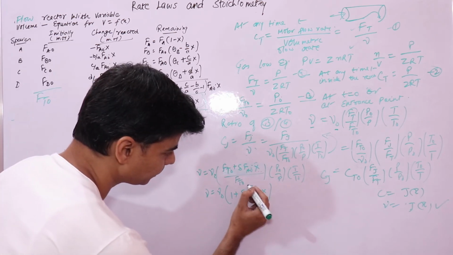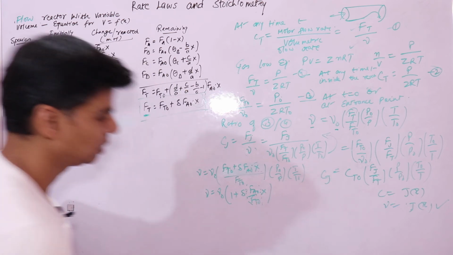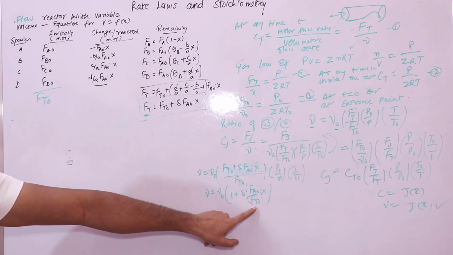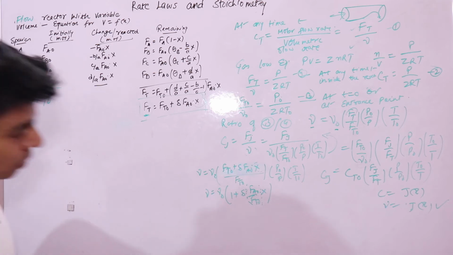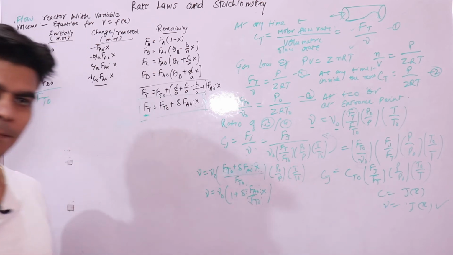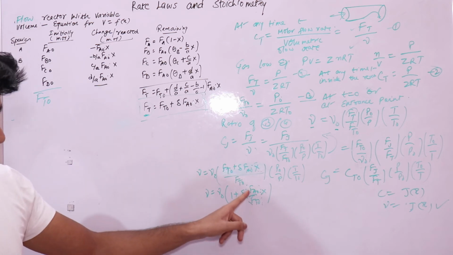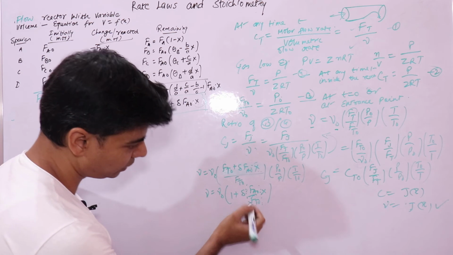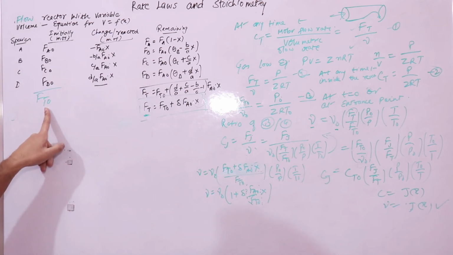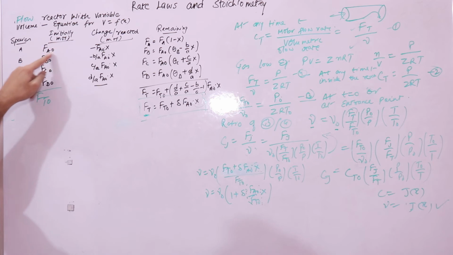This represents your moles of A passing through at any point, out of the total moles. Ft0 represents the total molar flow rate, and Fa0 represents the molar flow rate of species A. So this represents your mole fraction of A.